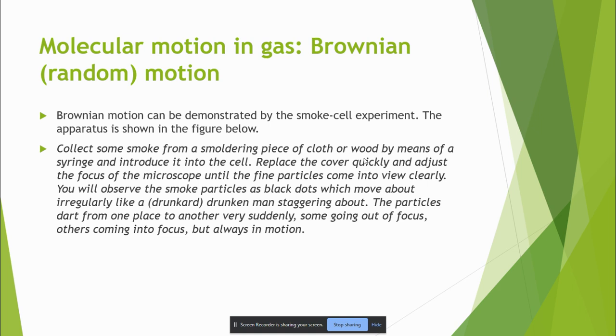You will observe the smoke particles as black dots which move about irregularly, like a drunken man staggering about. You understand that you can just move in any direction. It is just telling us that the particles in matter move randomly, which is the Brownian motion. So that's just about that.